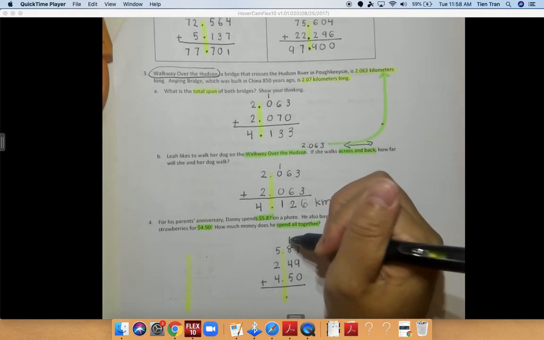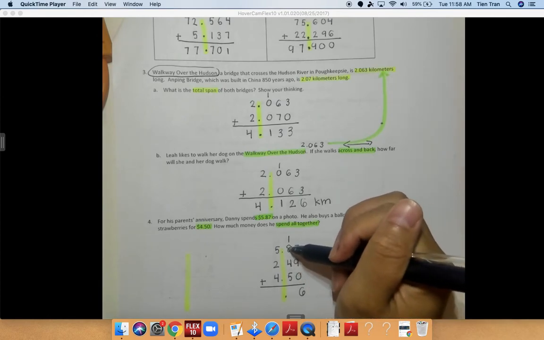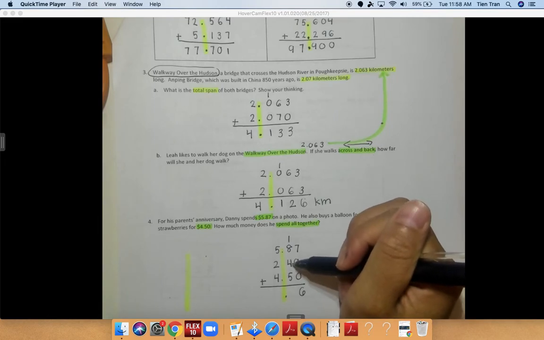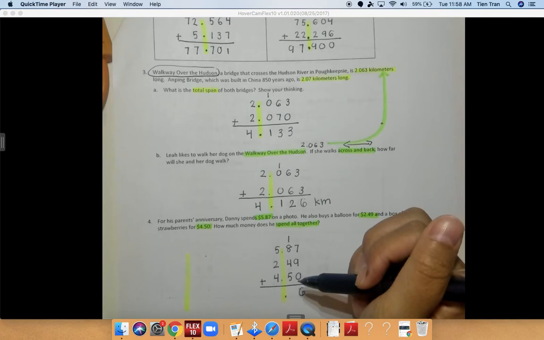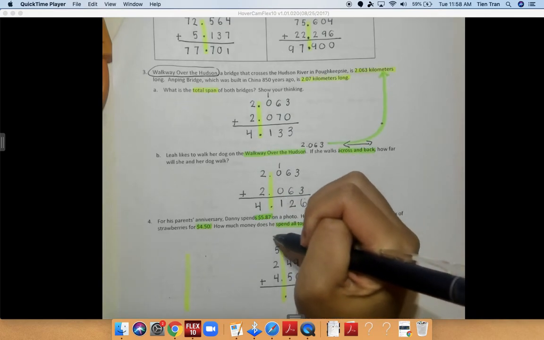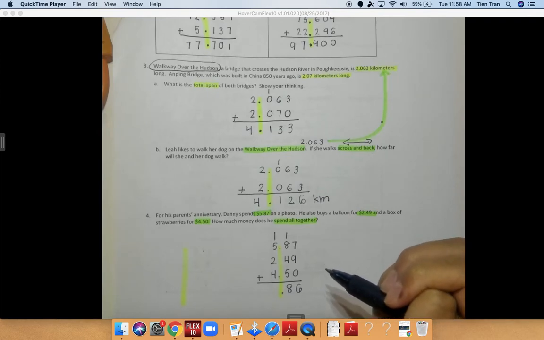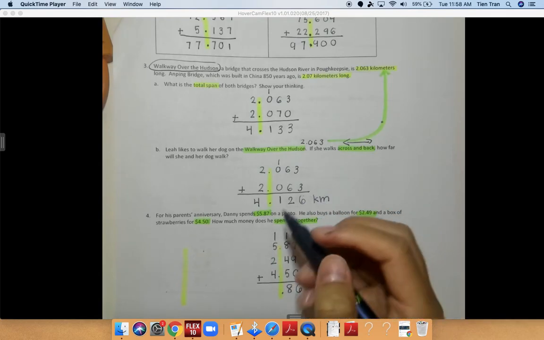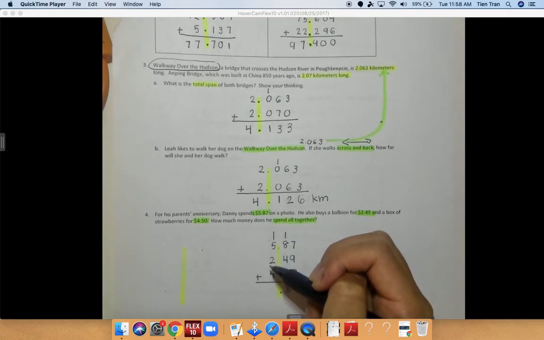9 plus 7 is 16. Carry my 1, bring down my 6. 8 plus 1 is 9. 9 plus 4 is equal to 13. And 13 plus 5 is equal to 18. So carry my 1, bring down my 8. Okay. 5 plus 1 is equal to 6. 6 plus 2 is equal to 8.